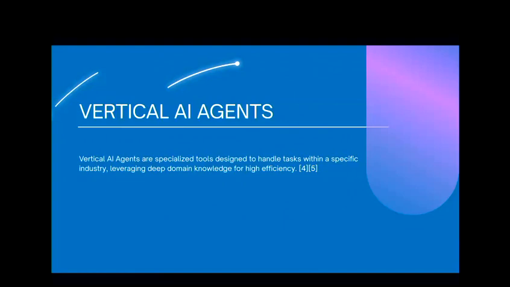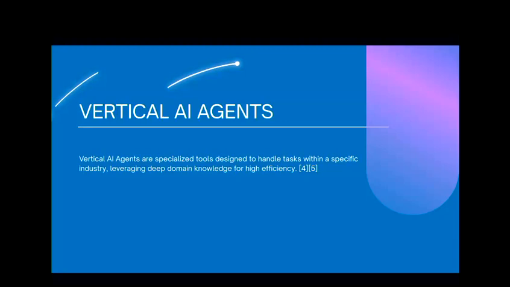Lastly, I would like to share the vertical AI agent. Let's use an analogy to differentiate AI agents, agentic AI, and vertical AI agents. Let's say an AI agent is like a baker who is good at baking a loaf of bread. Agentic AI is like a bakery team. They have several workers: one worker kneads the dough, one bakes it, and one does the packaging, and all of them work together to open a bakery shop, for example.